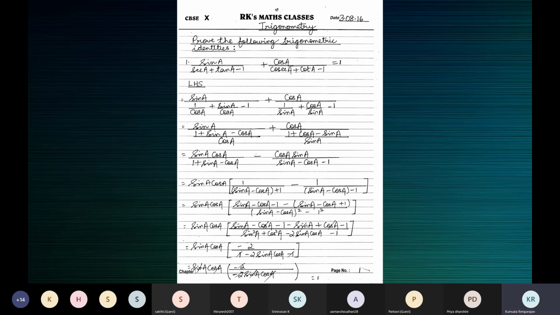Simplification means, like when you're given a question like 3 by 7, simplify. Now this entire process of proving an identity is by simplifying the LHS. We are simplifying the LHS, so now we have to simplify and show it's equal to 1. Supposing in 4th standard you find the heading simplify: simplify 3 by 7 minus 1 by 3.